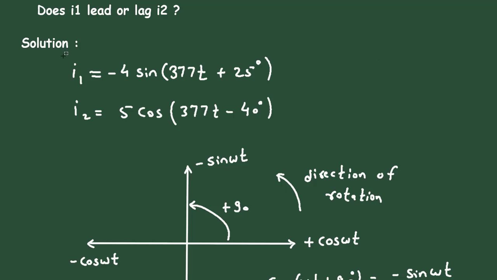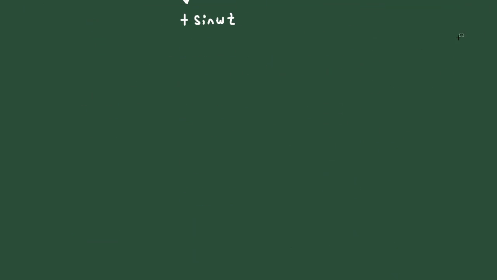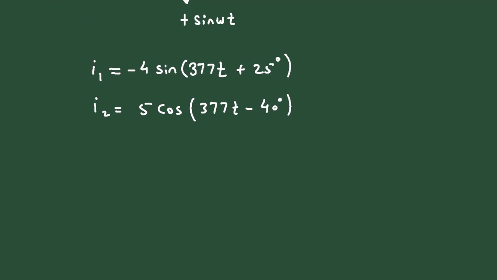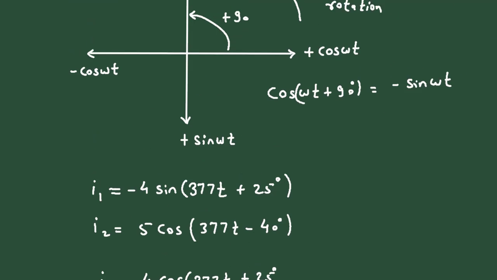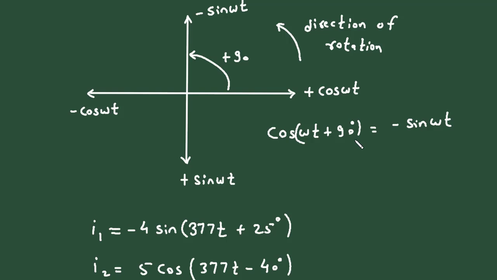So again, let's copy this from here. Now let's convert this I1. So I1 is equal to, in place of this minus sine, we will substitute only cos. So this 4 as it is, and here in place of this minus sine, this will be cos 377t plus 25 degree as it is, but we have to add this 90 degree.